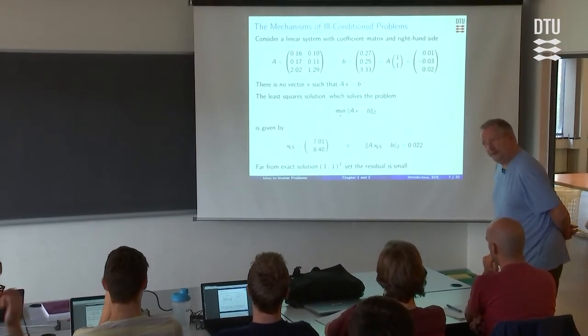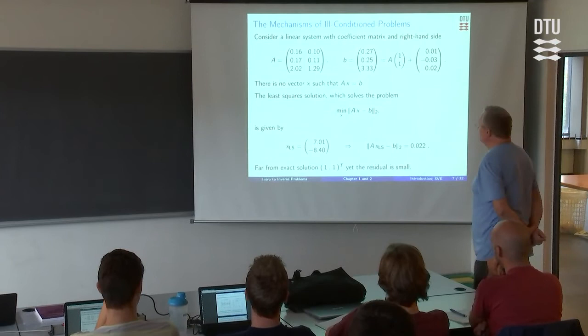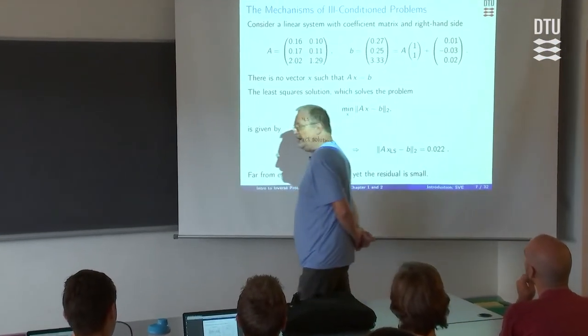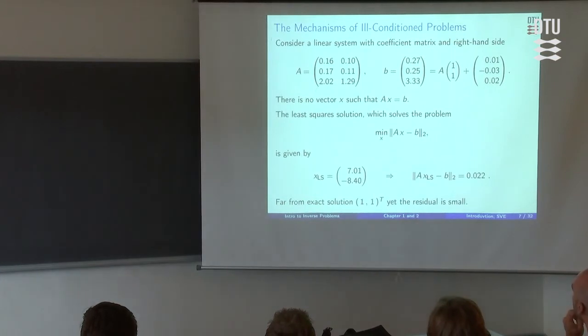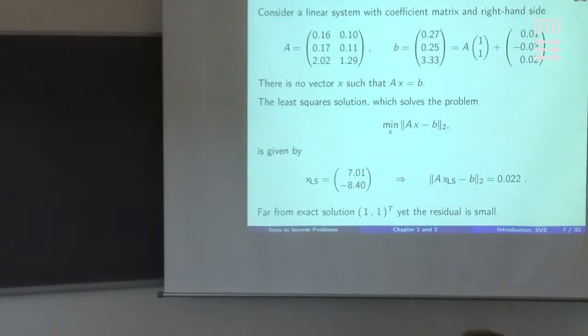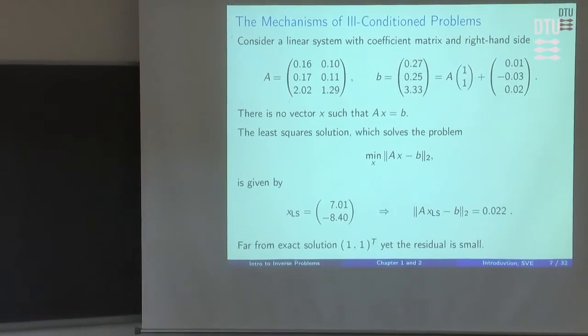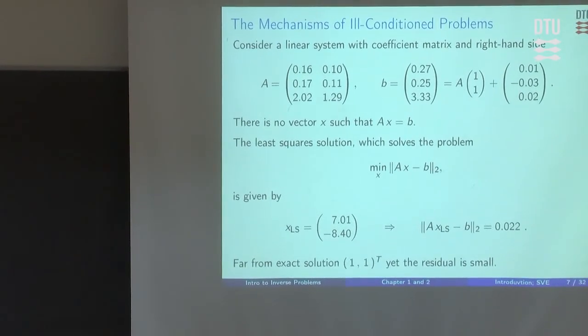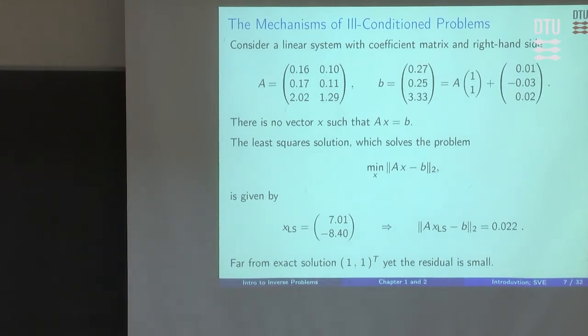And then I have a noisy right-hand side, which I generated by multiplying the exact solution with A and then adding just a little bit of noise, a little bit of perturbation on that. So remember, the true solution is (1, 1). And you can see the perturbation I added is just very small numbers compared to the true right-hand side. So it's only a small perturbation, and we would think it probably doesn't matter so much.